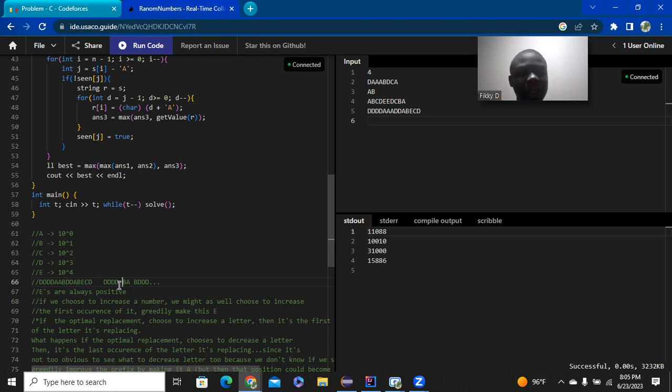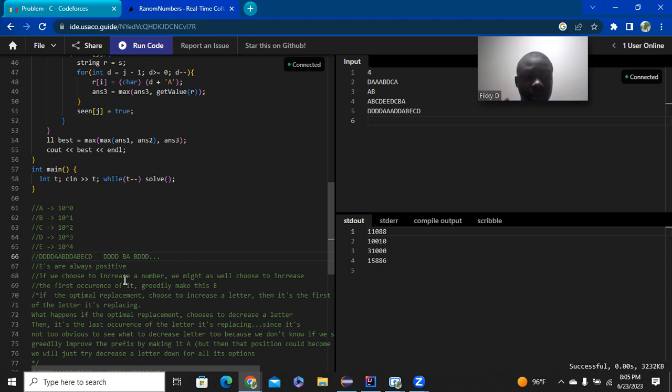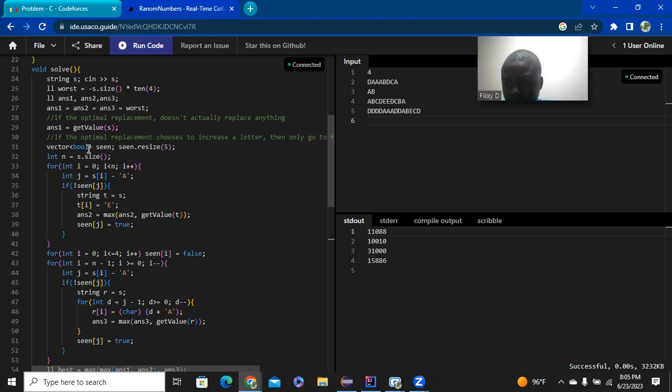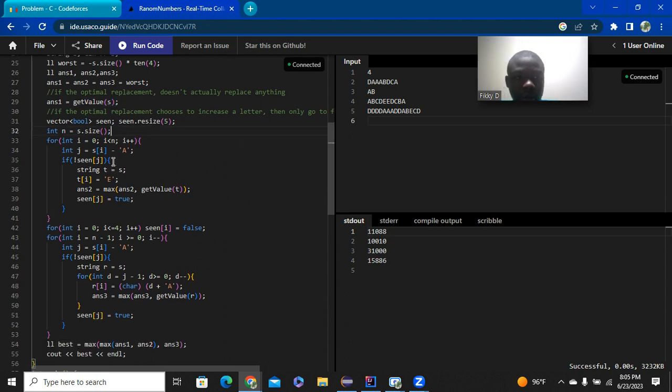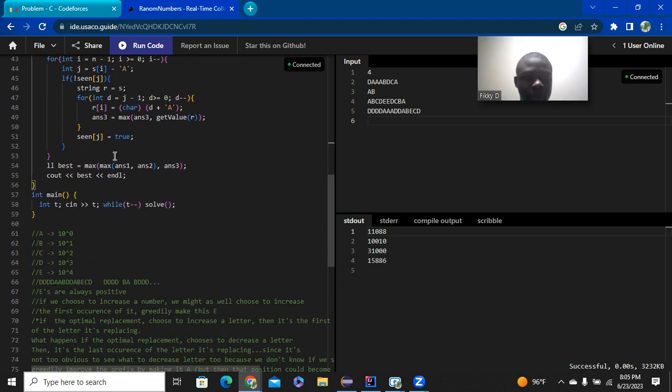So can we generalize this? What can we take from this? We can make this generalization. The first case is that we don't replace anything. In that case, we can just easily get the value of the function. The second case is that we choose to replace something, and that optimal replacement increases a letter.